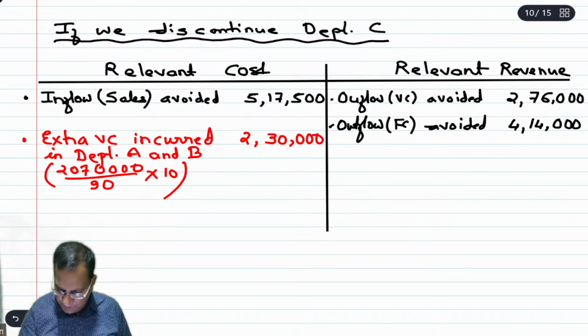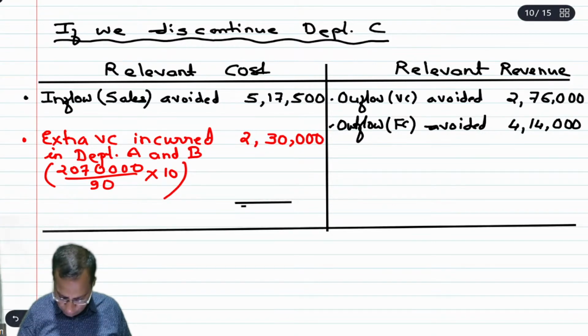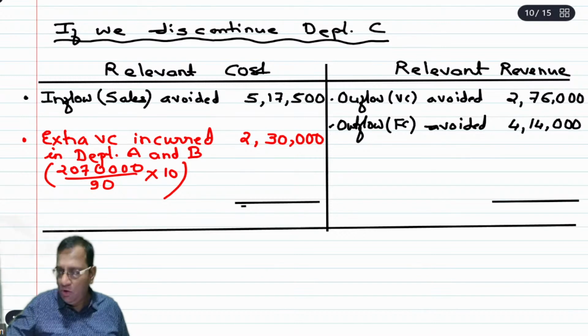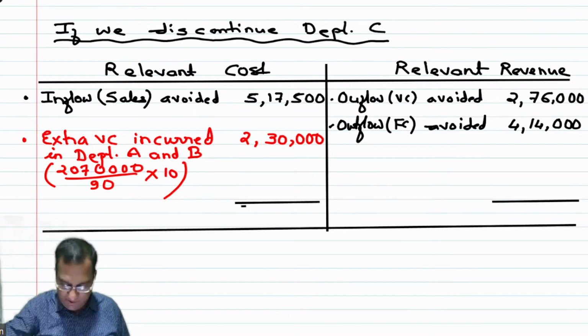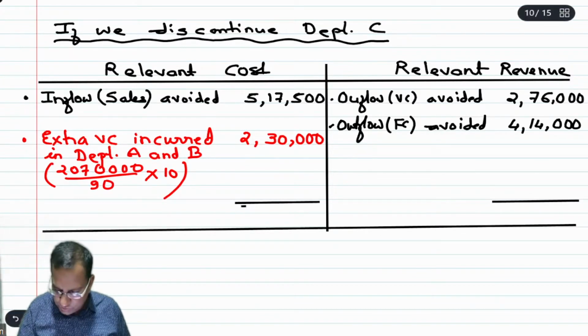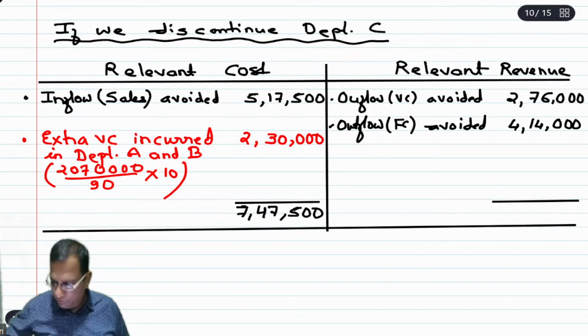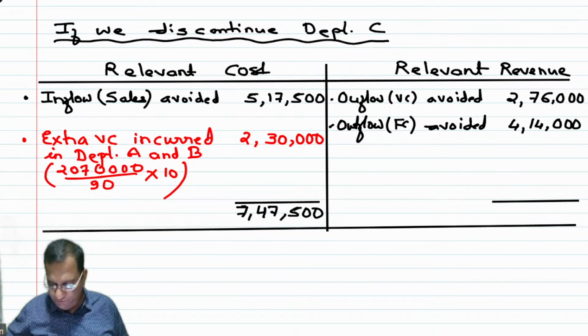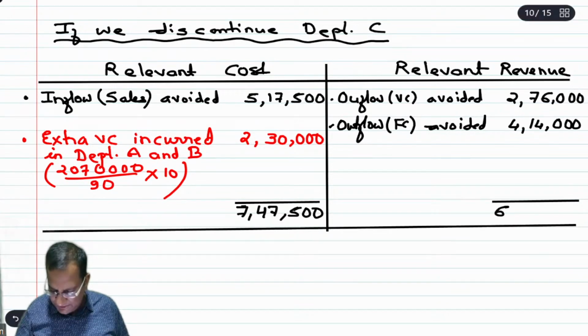So tell me, beta, what will be the final amount? What will be the relevant cost and what will be the relevant revenue of discontinuing department C? So the relevant cost is 5,17,500 plus 2,30,000, so the relevant cost is 7,47,500. Okay. And the relevant benefit is 2,76,000 plus 4,14,000, it's 6,90,000.